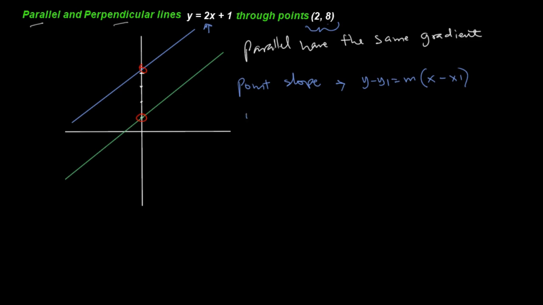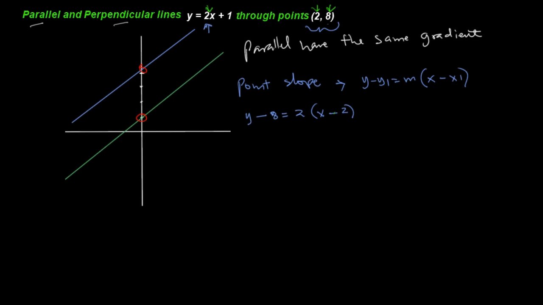So y minus 8 is equals to m, the gradient, which is 2, in brackets x minus x1, and x1 is equals to 2. Just to show you the values, this is the y1, this is m, and this is x. So I've plugged in the values here.